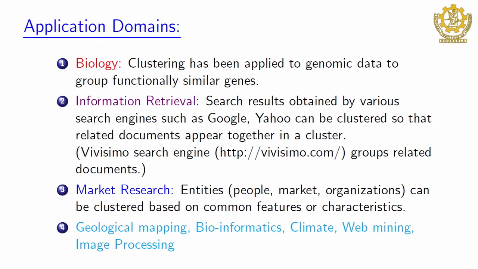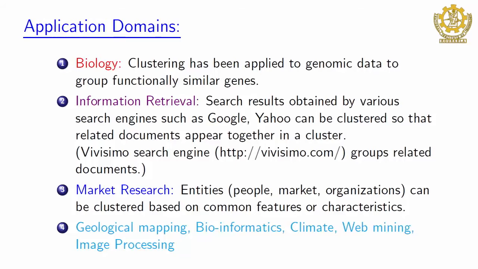Clustering has been applied to genomic data to group functionally similar genes. We can even apply the clustering technique to the students in a class to identify some characteristics of the students. Let us say we can group the students as professional or non-professional, but if you know the label, then obviously that becomes a classification problem.